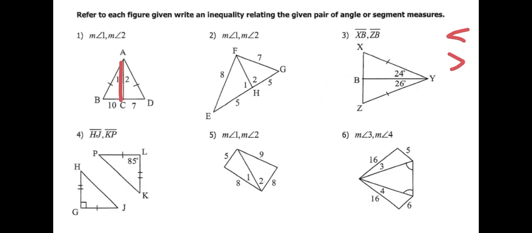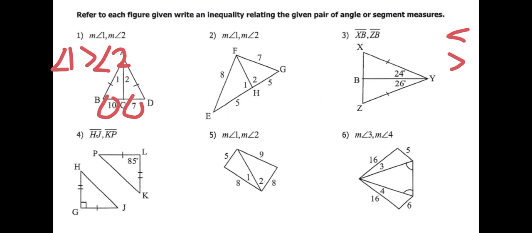So this side and this side, right? Okay. So the opposite of angle 1 is 10. The opposite of angle 2 is 7. Therefore, angle 1 is greater than angle 2. Okay? So that's it for number 1.